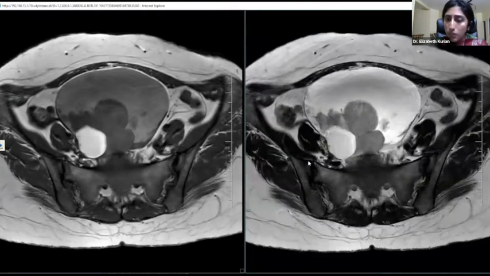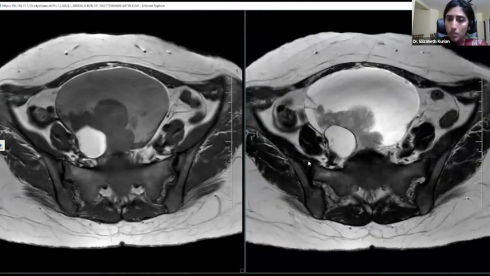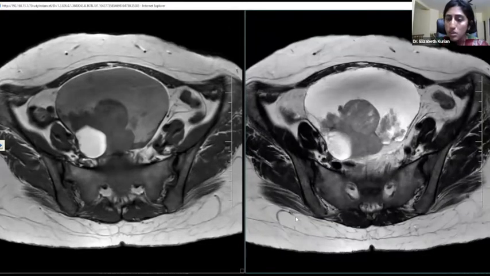I'm also given T2 weighted images of the same patient. In the T2 weighted images, the cystic component which was appearing T1 hyperintense is appearing T2 hyperintense as well. The rest of the cystic part also appears to be T2 hyperintense. The solid area appears to be heterogeneous in T2 weighted images.